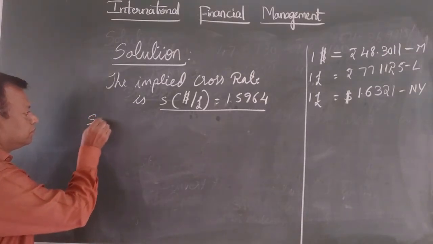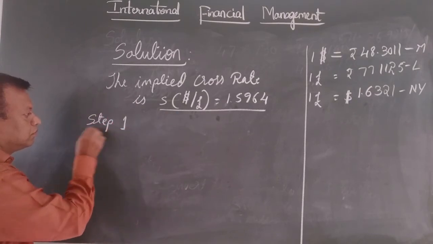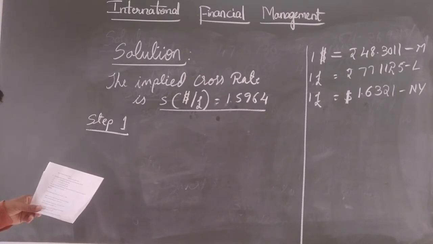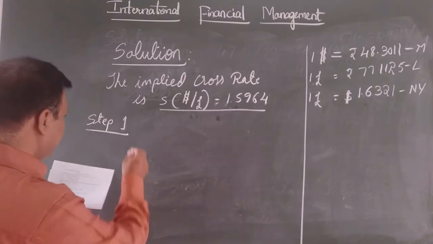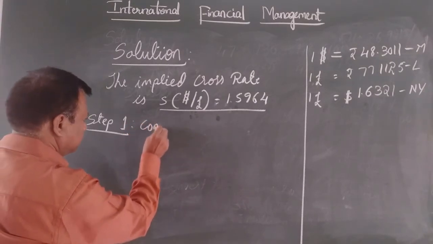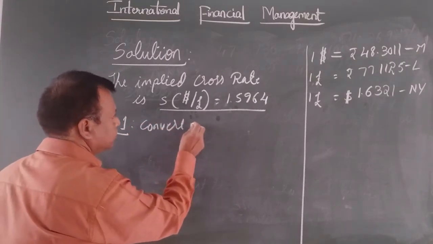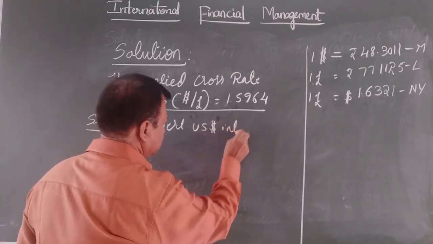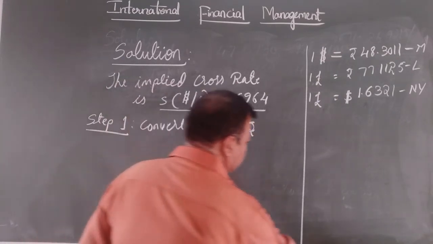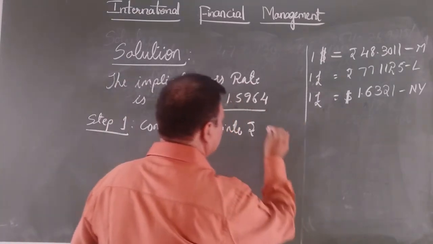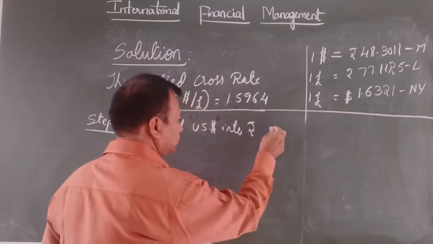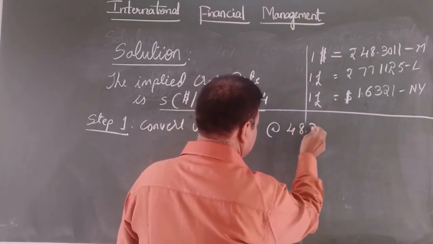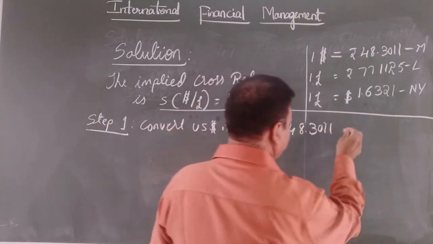Step 1: convert US dollar into rupees. Invest dollars into rupees at the rate of 48.3011 per dollar at Mumbai.